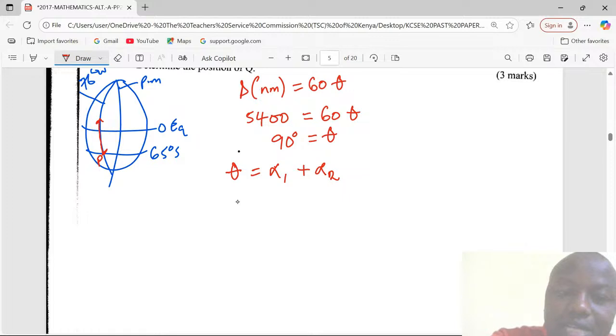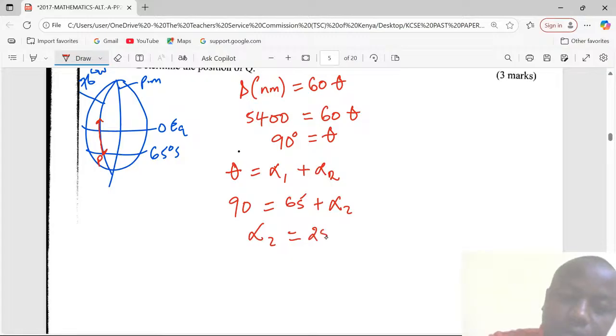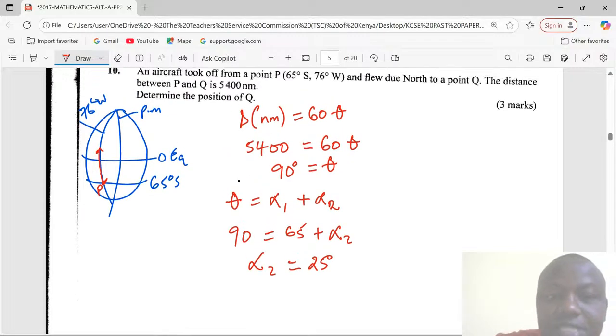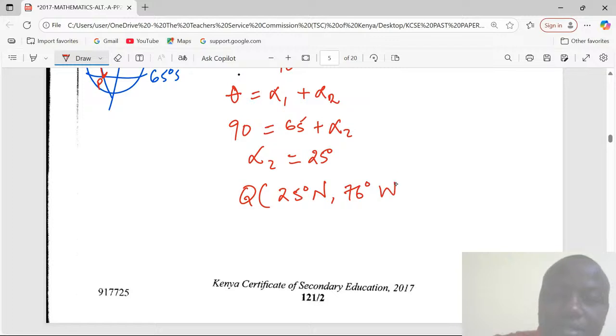So 90 equals 65 plus the second latitude that we don't know. We need 90 minus 65, giving us 25 only. 25 degrees, but where? In the north. So the position of Q shall be 25 degrees in the north, 76 degrees in the west.